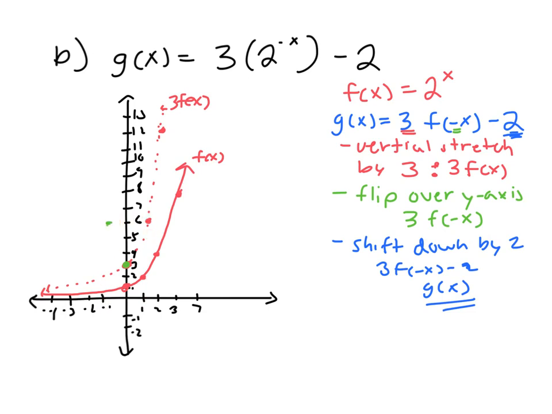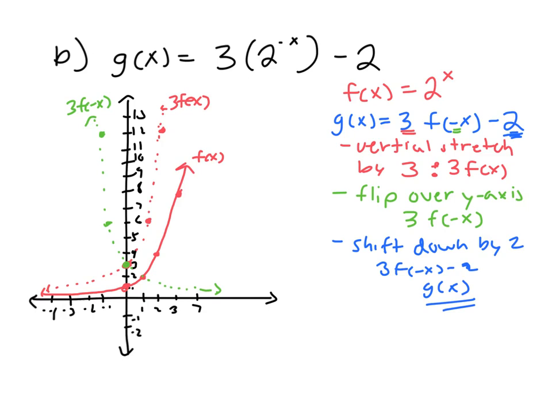Okay, so you see how that flips it over the y-axis, right? And then we have one more point here at 2, 12, so that's going to be negative 2, 12. So I'll do that here. Okay, and my graph now looks like this. My asymptote didn't change. I'm still at y equals 0 for the horizontal asymptote. All right, so this graph that I just drew in green is 3f of negative x.